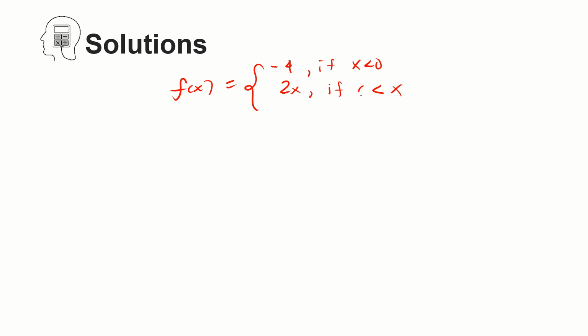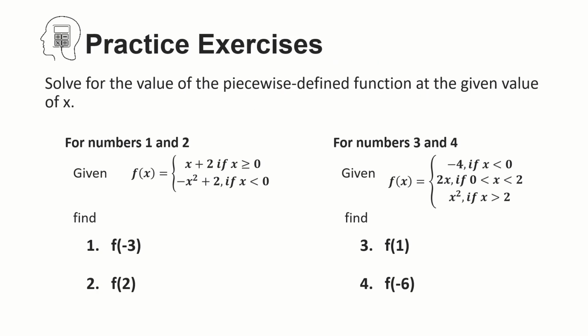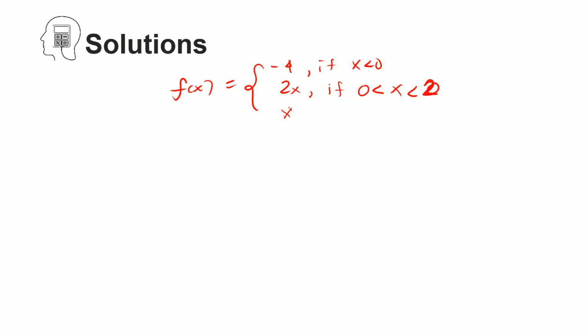So greater than 0 but our x is less than 2. And then our f of x is equal to x squared if x is greater than 2.